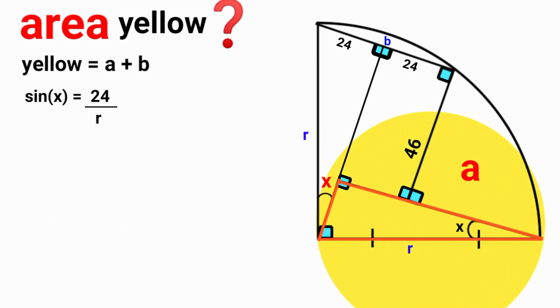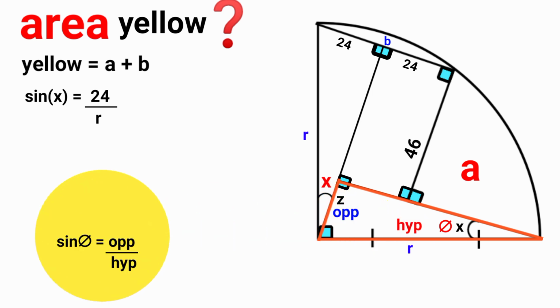Still on this triangle, we can also use SOHCAHTOA. Taking this angle as theta, there is the opposite, say z, and there is the hypotenuse. We know sin theta equals opposite over hypotenuse. Theta is x, opposite is z, and hypotenuse is r.